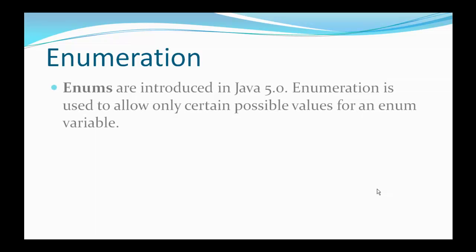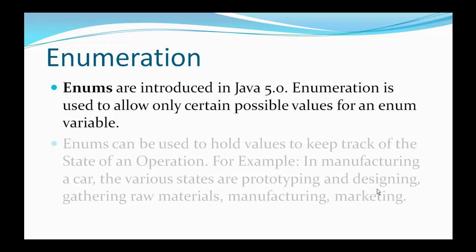In a programming language, an enumerated data type is used to predefine possible values for variables. In Java, enums were introduced in version 5.0. Enumeration is used to allow only certain possible values for an enum variable.